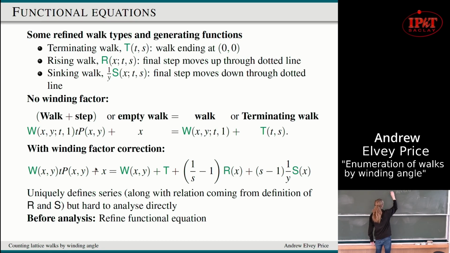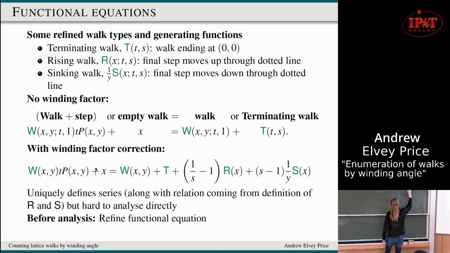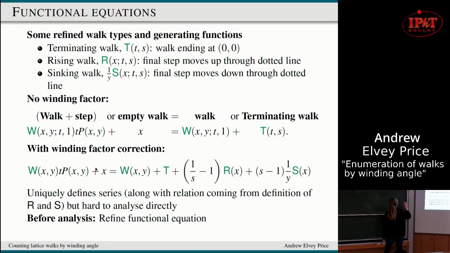Let's say in this, rising walks are counted by Rx, with also the variables T and S, but I ran out of space. So in here, rising walks are just counted by Rx because that's the definition. This is just counting walks.